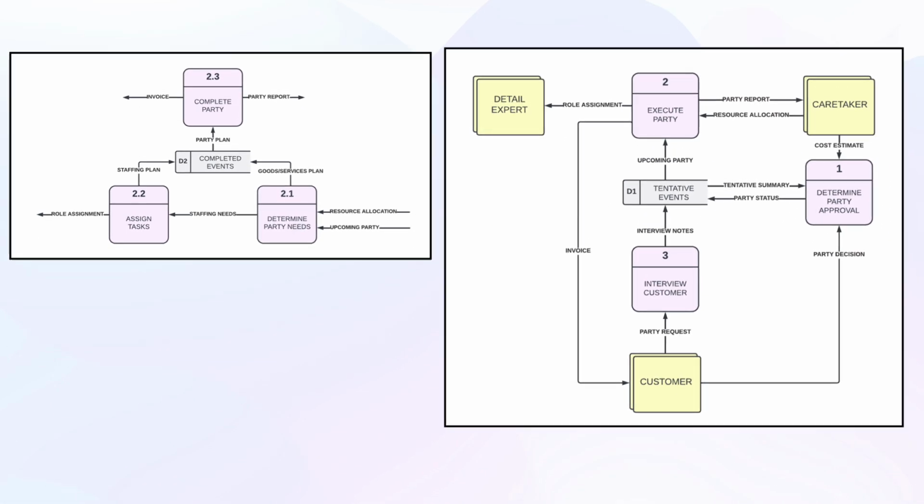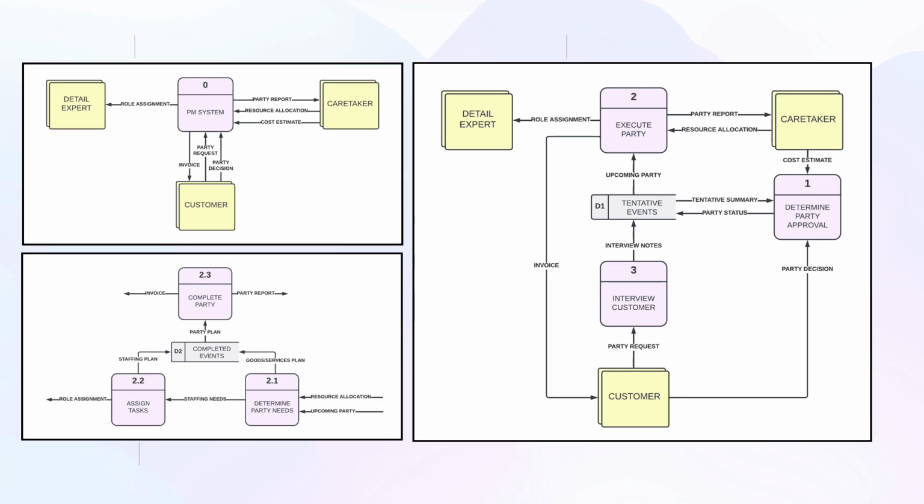On a final note, as we look at a context level diagram, a level 0 diagram, and a level 1 diagram for this example, it might seem like I was just doing some magic or making up some details.